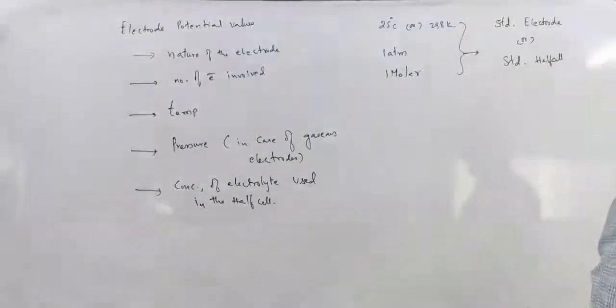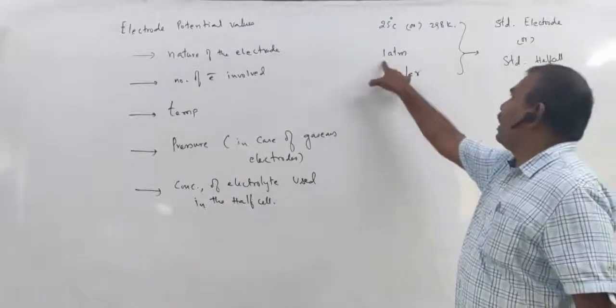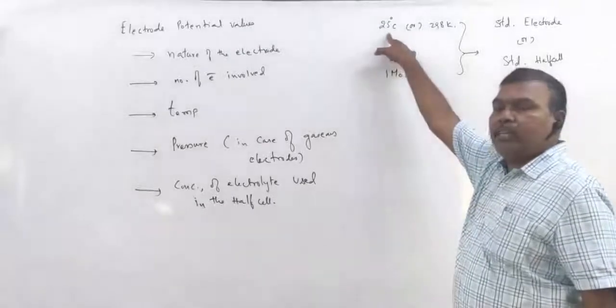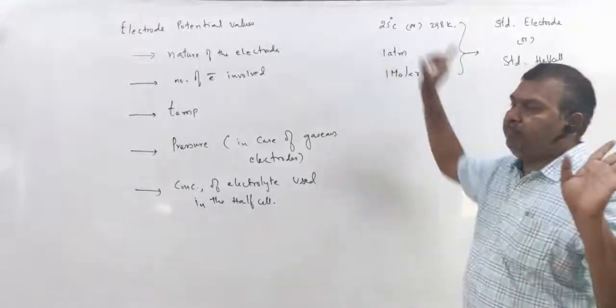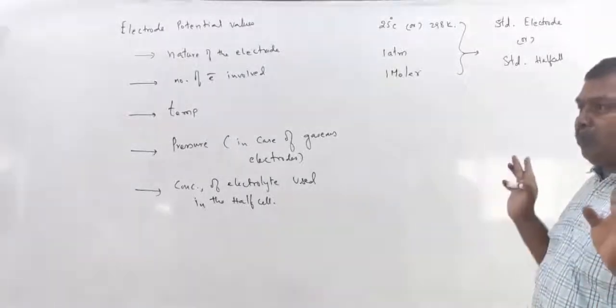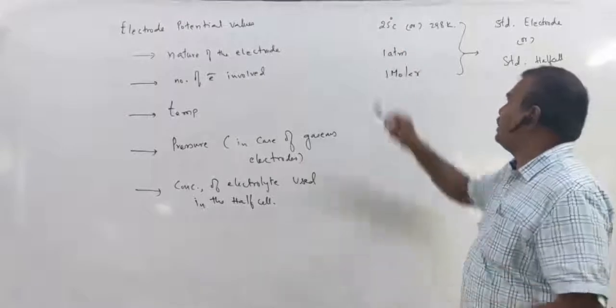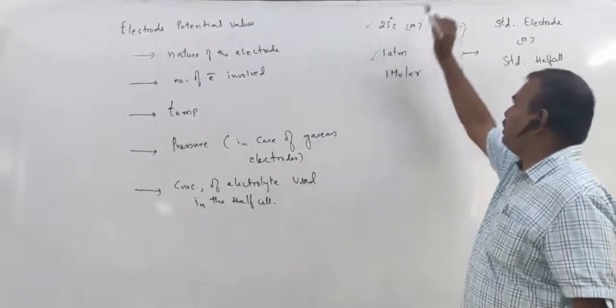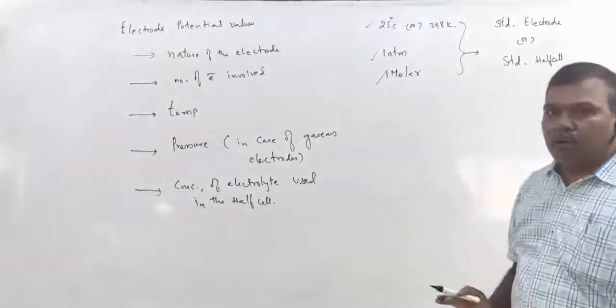So if the concentration of the solution is 0.1 molar or any other concentration, it is not a standard electrode. For example, if it is 1 molar, 1 atmosphere, but the temperature is not 25 degrees Celsius, then it is not a standard electrode. Remember. So, an electrode or half cell is said to be standard only when the temperature is 25 degrees Celsius, pressure is 1 atmosphere, and concentration of electrolyte in the solution is 1 molar.